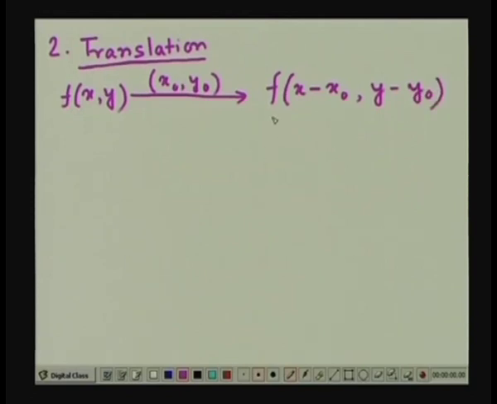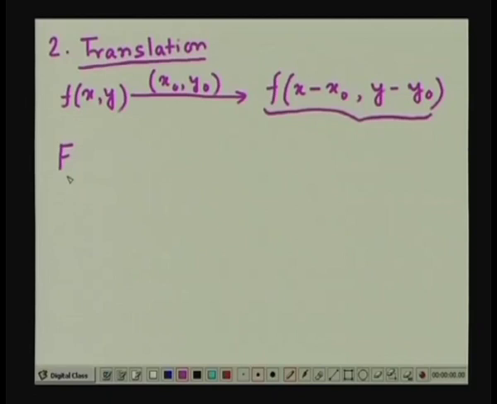So, if I take the Fourier transformation of this translated signal f(x minus x naught, y minus y naught), how will the Fourier transformation look? We can find out the Fourier transformation of this translated signal, and let us call it F t(u, v).